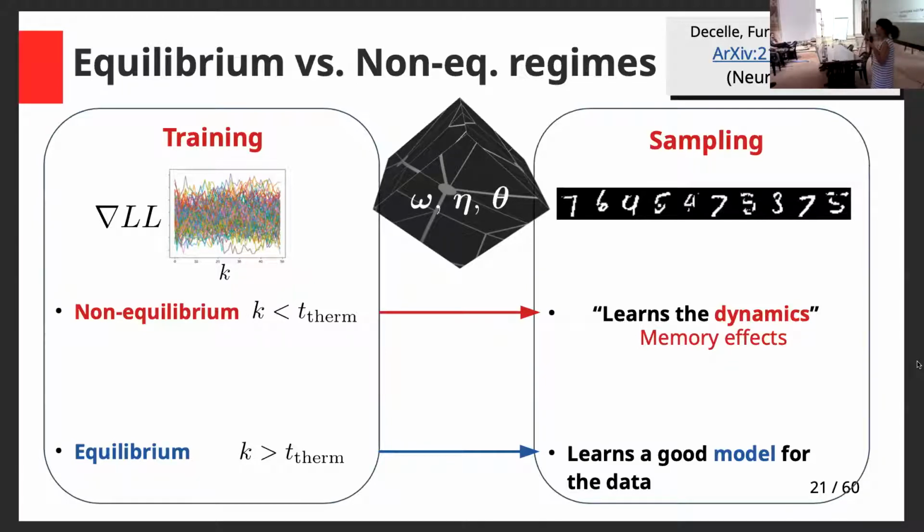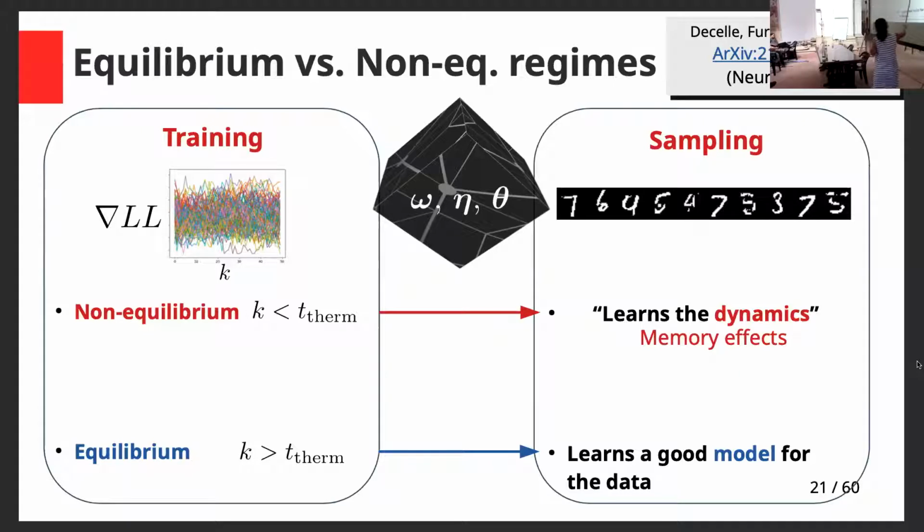Actually, what they learn is to reproduce exactly the same dynamics that you used to train them. While if you do it in equilibrium, this model behaves as you were expecting. So you get a model whose equilibrium configurations are similar to those of the data set.